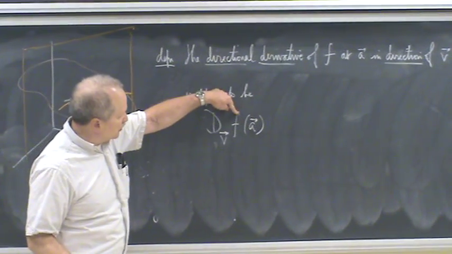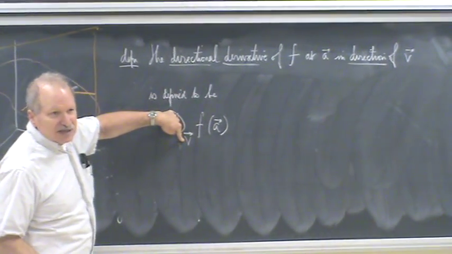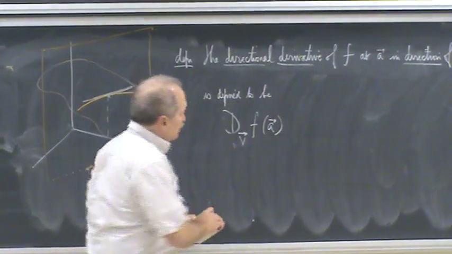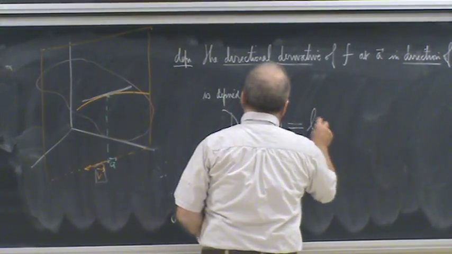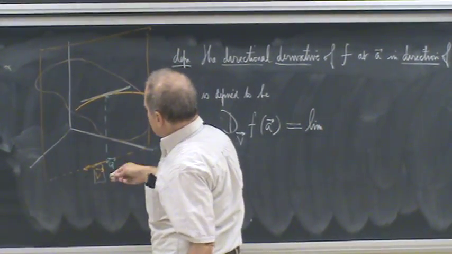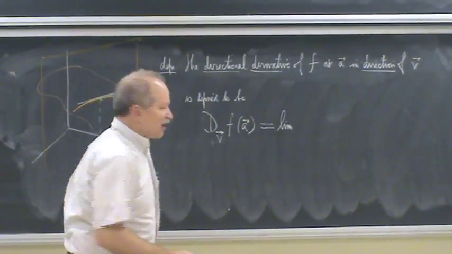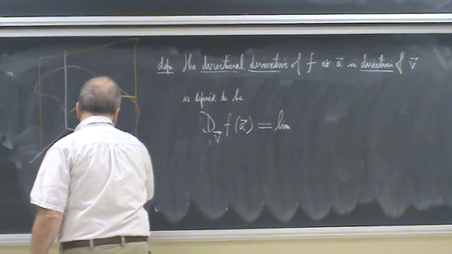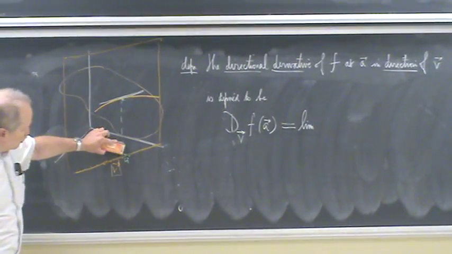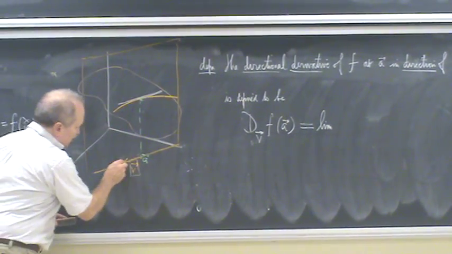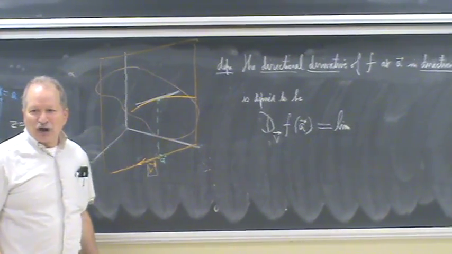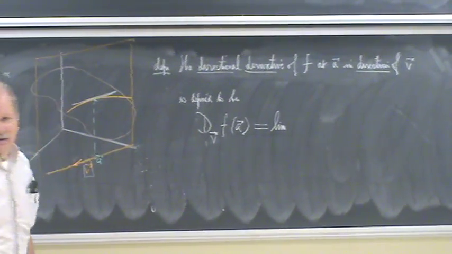Okay? So this encodes all the information, right? Derivative of f in the direction of v, that's the subscript, at a. And what should I do? Well, I should do exactly what we did up there, except I can parameterize, your favorite thing, this line in the xy plane that's through the point A, going in the direction of v. How do I write a point on that line?